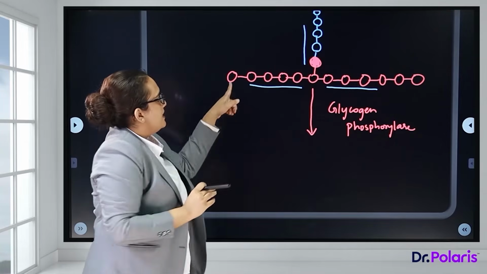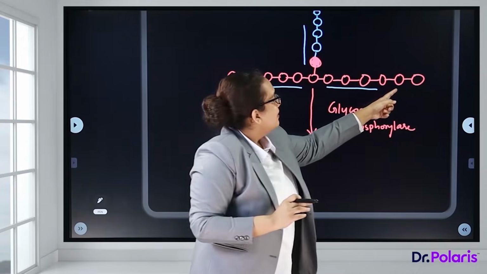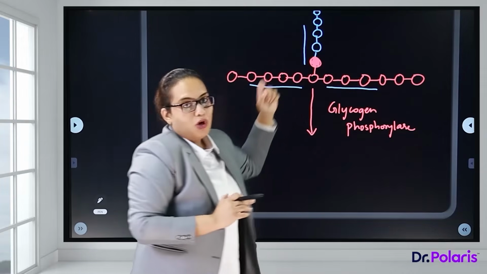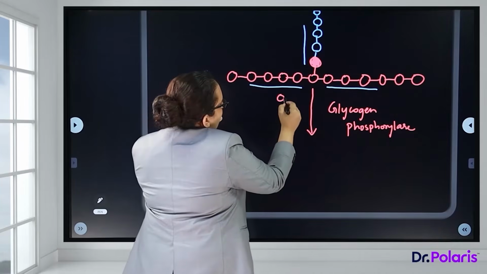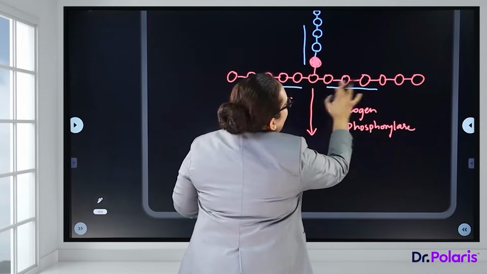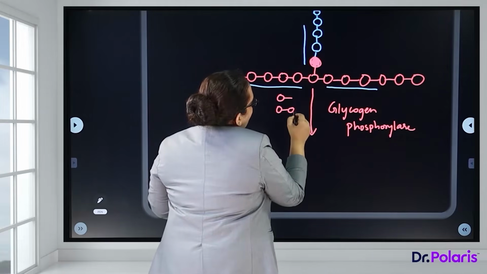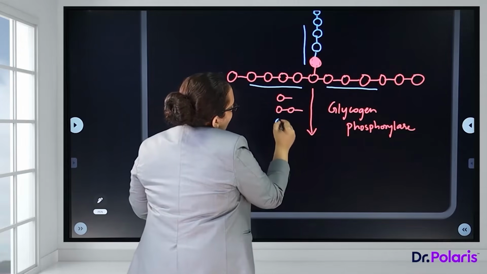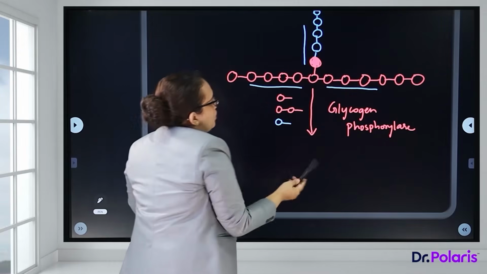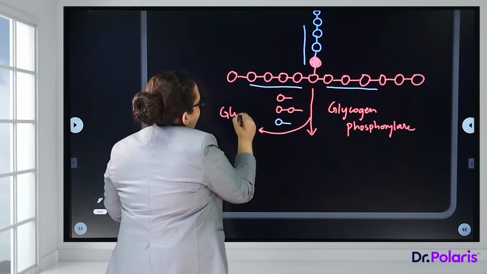The additional glucose molecules are the one here, and then the one on top. I'll write here, 1. Then you have 1, 2, 3, 4. You have 2 extra glucose molecules there, and then 1 glucose molecule on top, which is an extra. All these glucose molecules are released in the form of glucose 1-phosphate.